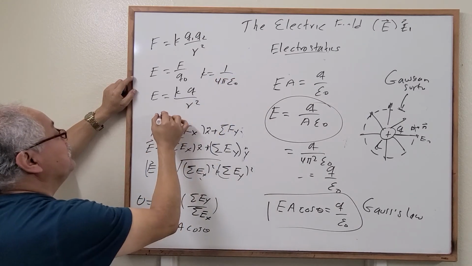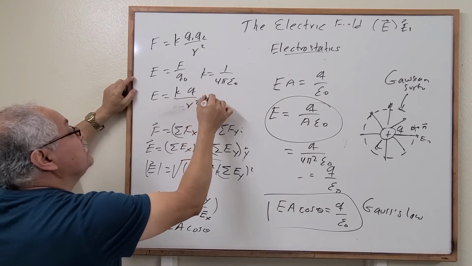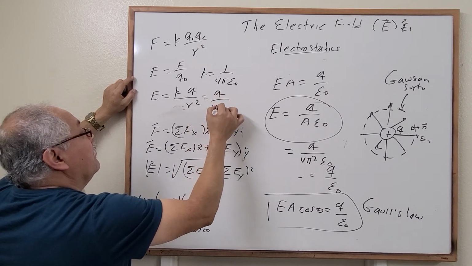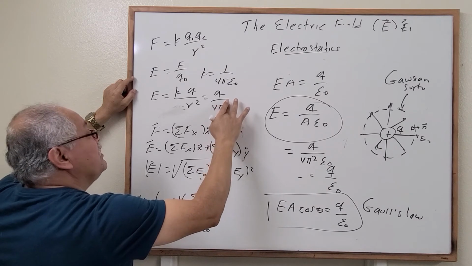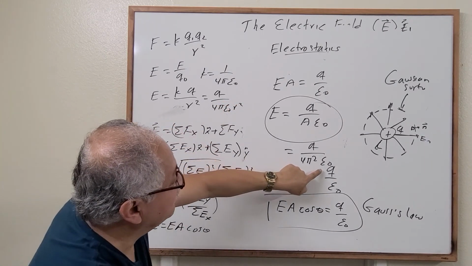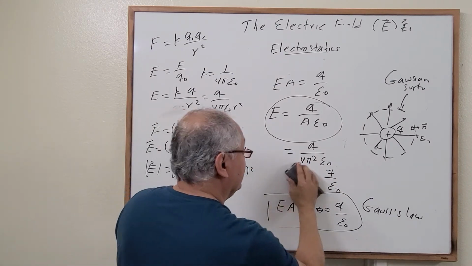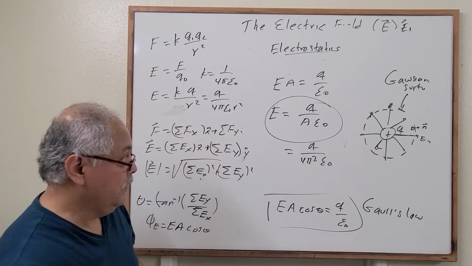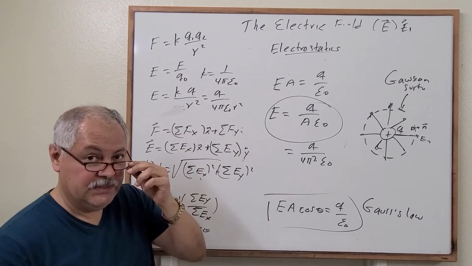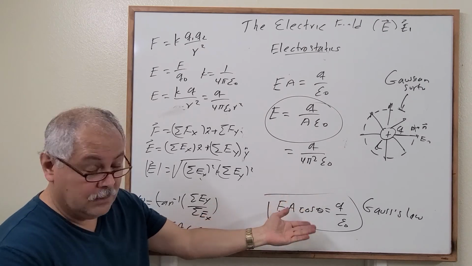When we substitute this value, what do we have? This is k, this is the charge. This is the charge divided by 4 pi epsilon naught times r squared, which is the same as this one right here. And we get the same result by using Gauss's law.